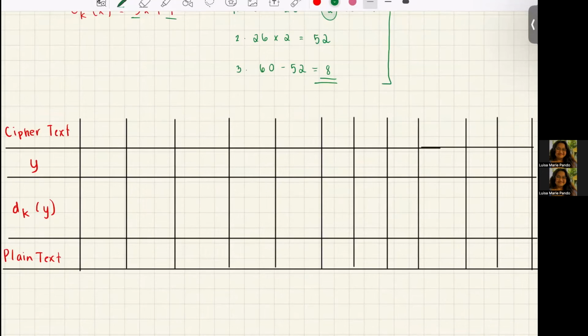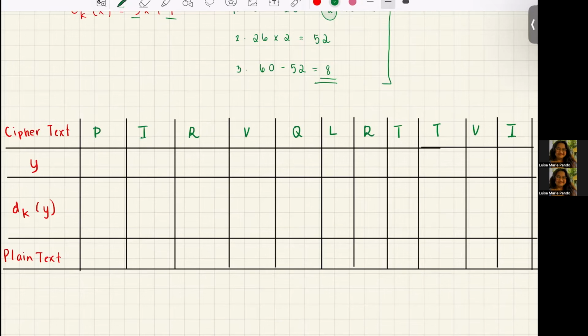So, ang gagamitin pa rin natin is the same kanina. So, di ba ang ating cipher text is P, I, R, V, Q, L, R, T, T, V, and I. So, remember, ang ating decryption rule is y is equals to 9 raised to negative 1 times y minus b.